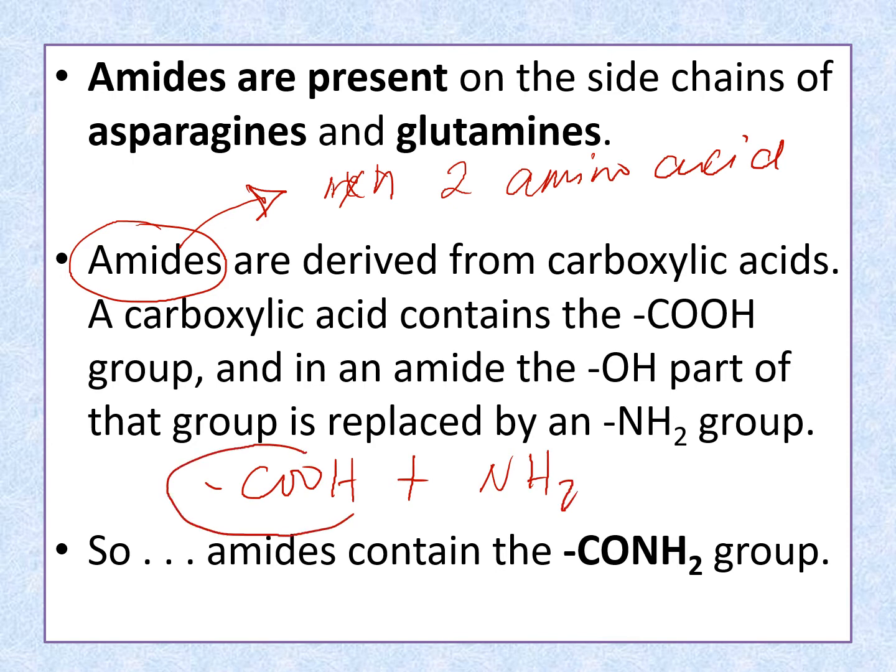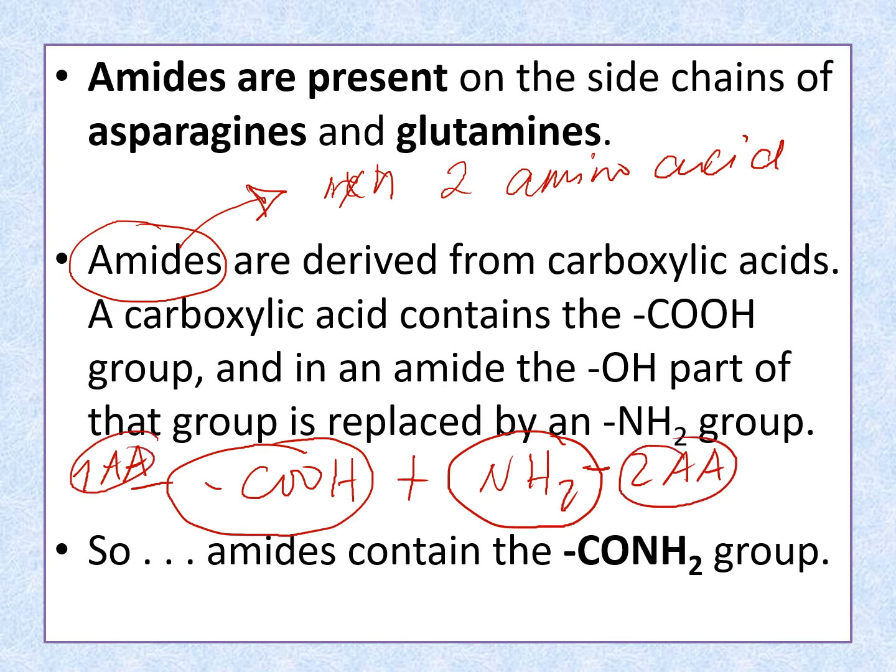The C double bond OOH here belongs to one amino acid, and the NH2 here is the amine group or amino group found on the molecular structure of the second amino acid. So once the two amino acids react together, this part of their structures will have to be attached to one another.